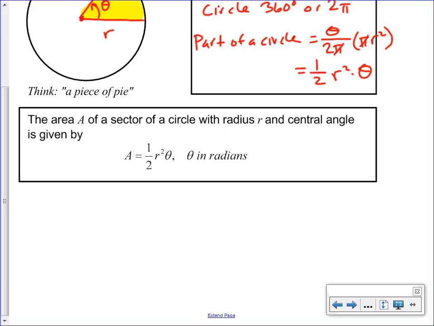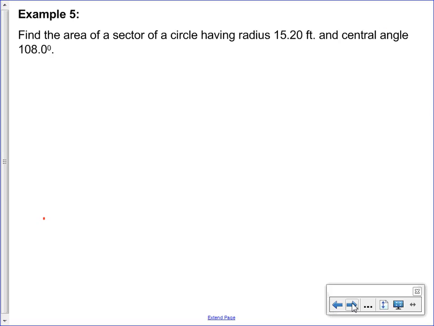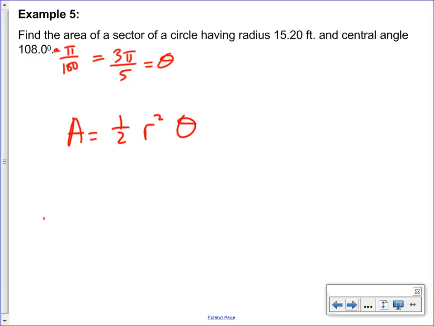All right, let's practice. Finding the area of a sector with a circle having a radius of 15.20 feet and a central angle of 108 degrees. Right off the bat, you've got to multiply that by pi over 180 because your theta has to be in radians. So 3 pi over 5 is what that comes down to. So your area is 1/2 r squared theta.